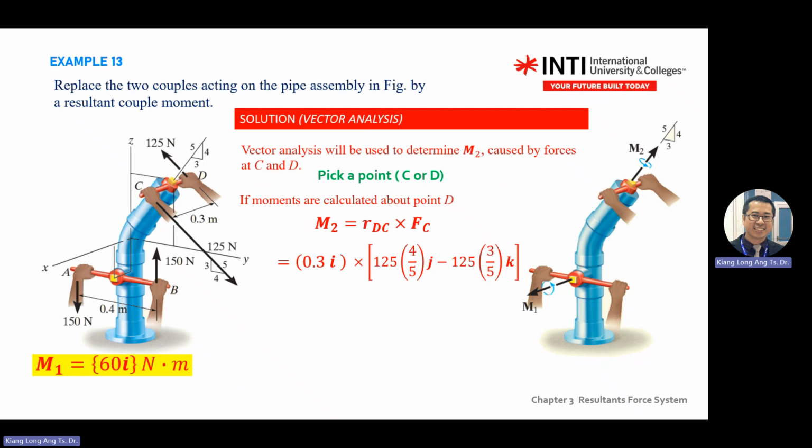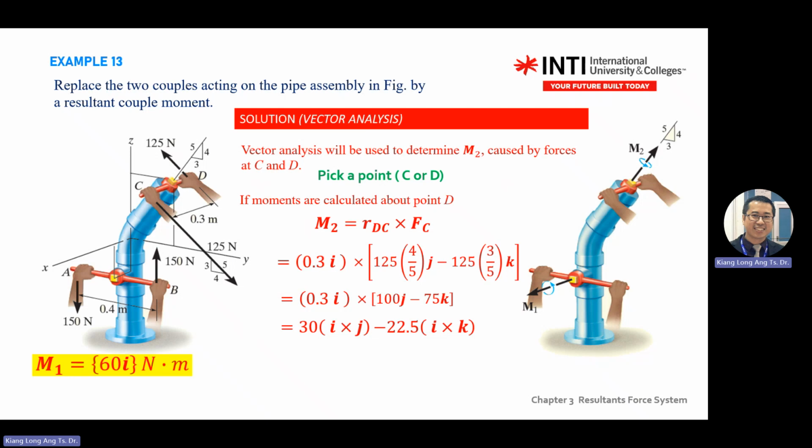Okay, so this is a cross product. Be careful on the cross product. Cross means you use the circle diagram. I, J, K, anti-clockwise positive, clockwise negative. So I cross J, you get what?